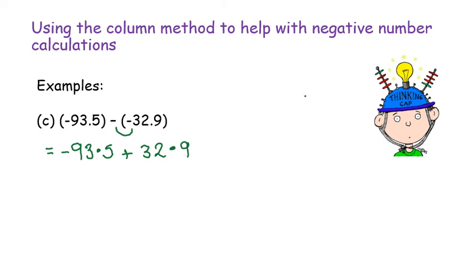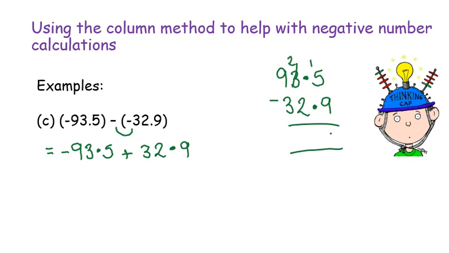Okay, let's work out exactly what the answer is by changing the calculation slightly for our working. I'm going to change the calculation to 93.5, take away 32.9. So 5 subtract 9. Can't do that, so we borrow from the 3. 15 subtract 9 is 6. 2 subtract 2 is 0, and 9 subtract 3 is 6.